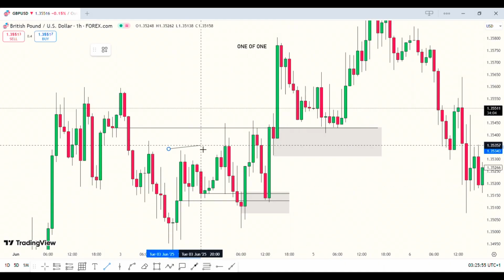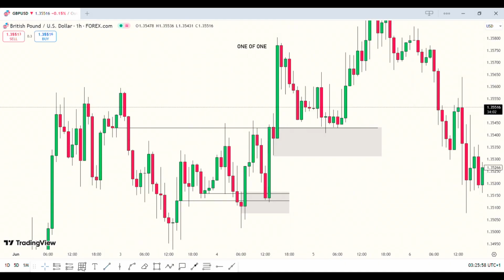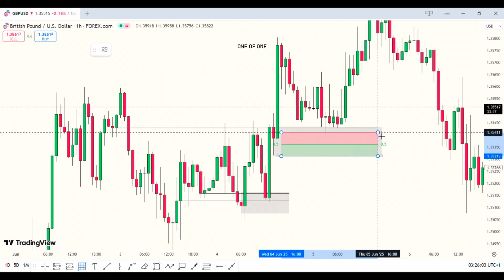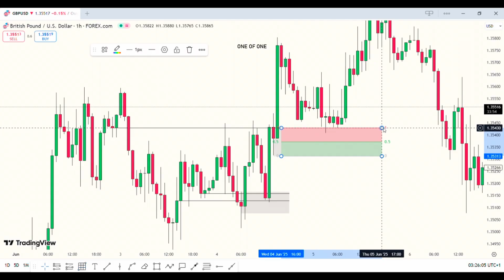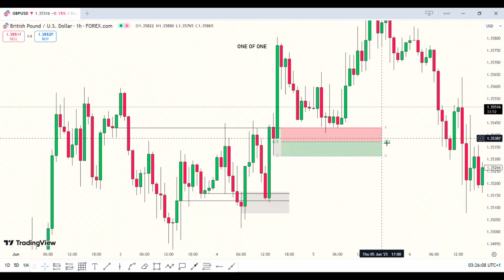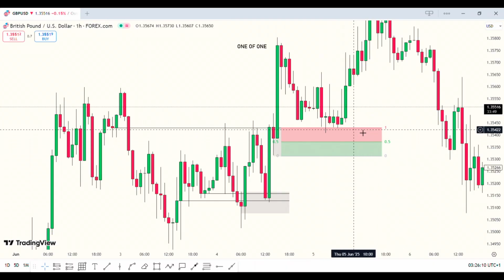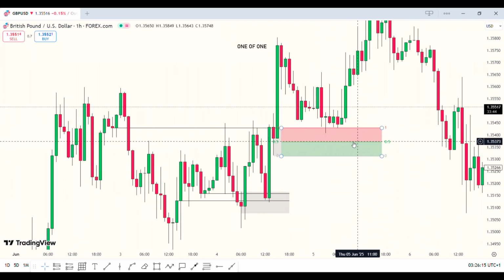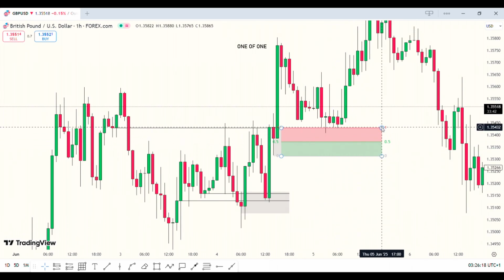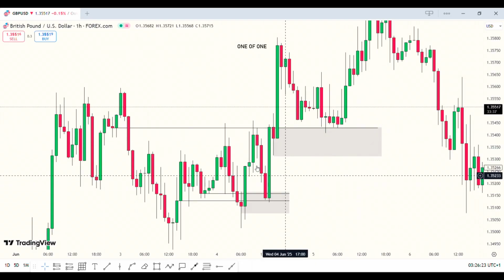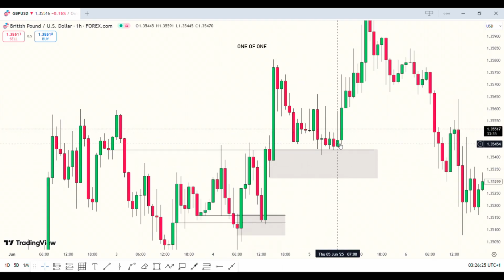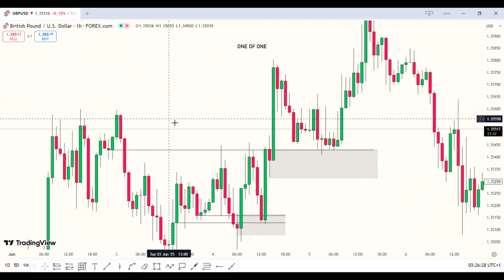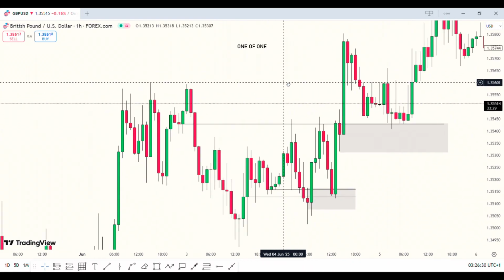So when I say 0 to 50%, what I mean is this: I will want to take valid single price POIs that fall from the 1 to 0.5 in this case, or from the start of the main POI to the 50%, to the midway of that POI, and maybe 60-70% max, you know. So in this case, that is where price came into. Price reacted from that level and it started moving up.